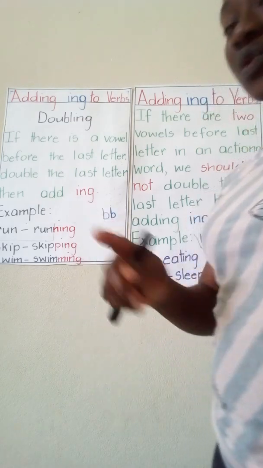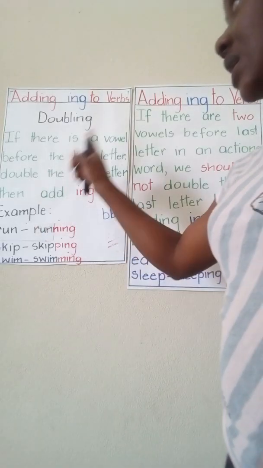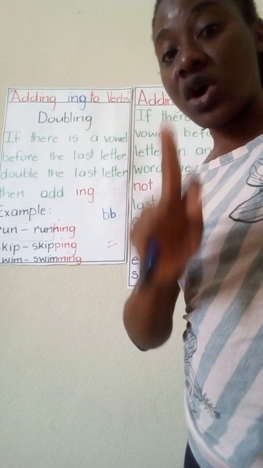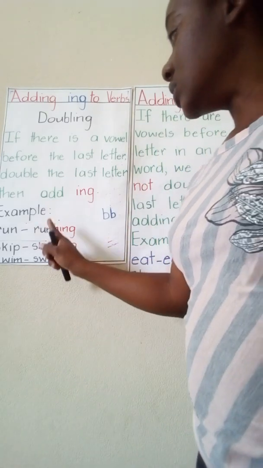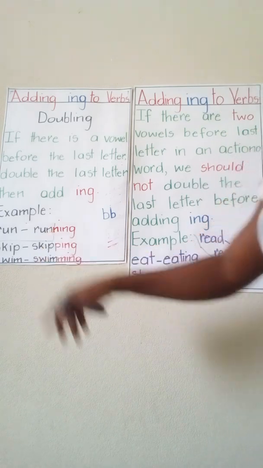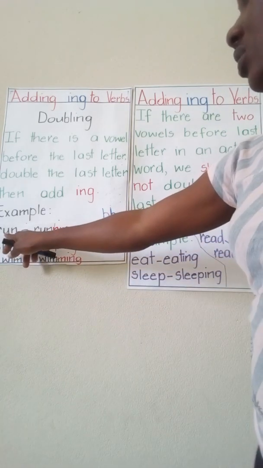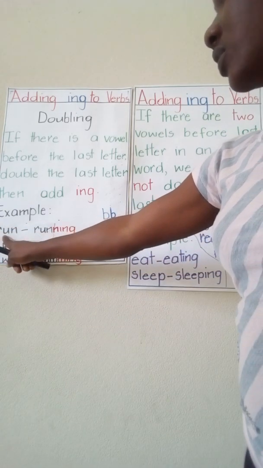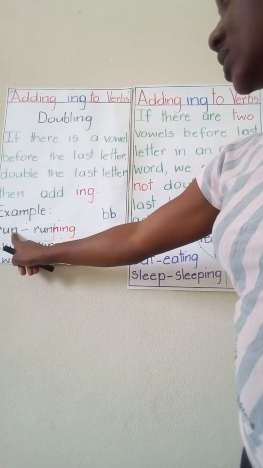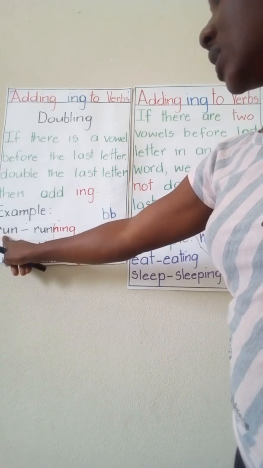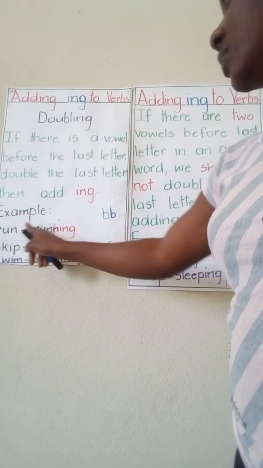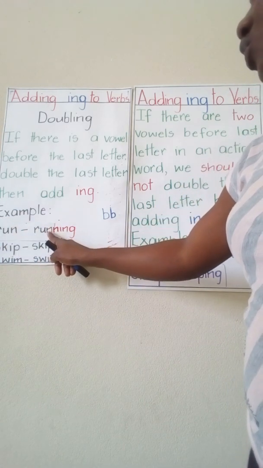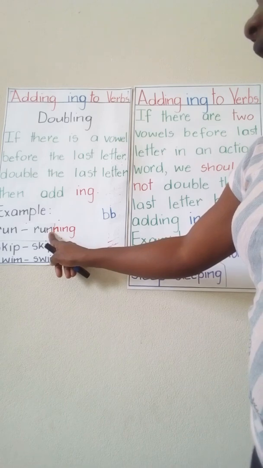All right, so let's go over that. When there is a vowel, which means one vowel before the last letter in an action word, we double the last letter. So run, there is one vowel before the last letter. That one vowel is U. So we have to double the N to make it two N's, right?